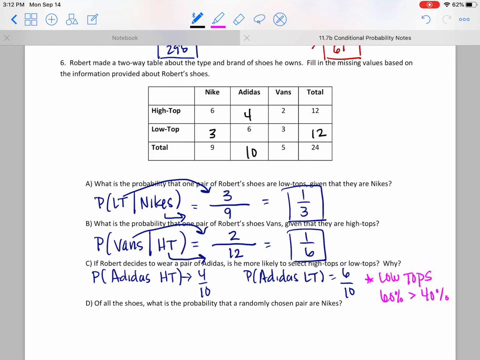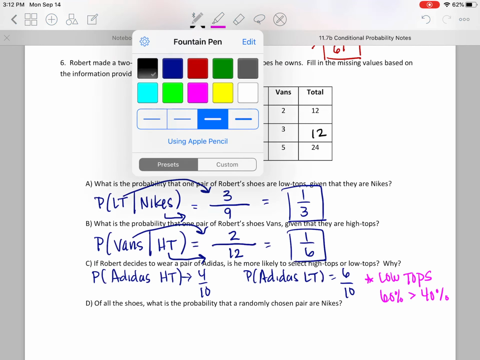Okay, last one. And again, if you feel good and you want to pause it, give it a try. It says, of all the shoes, which means the bottom of the fraction has to be all 24 of those shoes. What's the probability that a randomly chosen pair are Nikes?